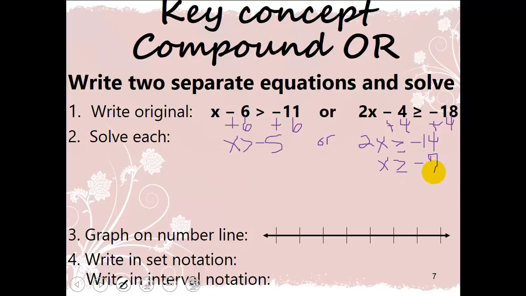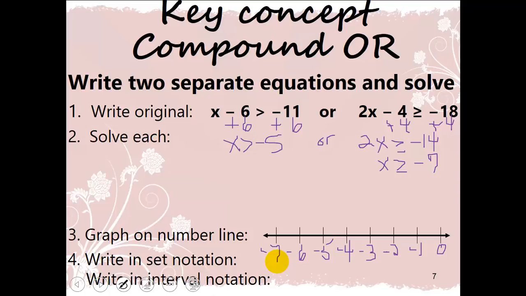Okay, so here's 0, negative 1, negative 2, negative 3, negative 4, negative 5, negative 6, negative 7. Remember, with an OR, the solutions can be in either one of them or both of them.